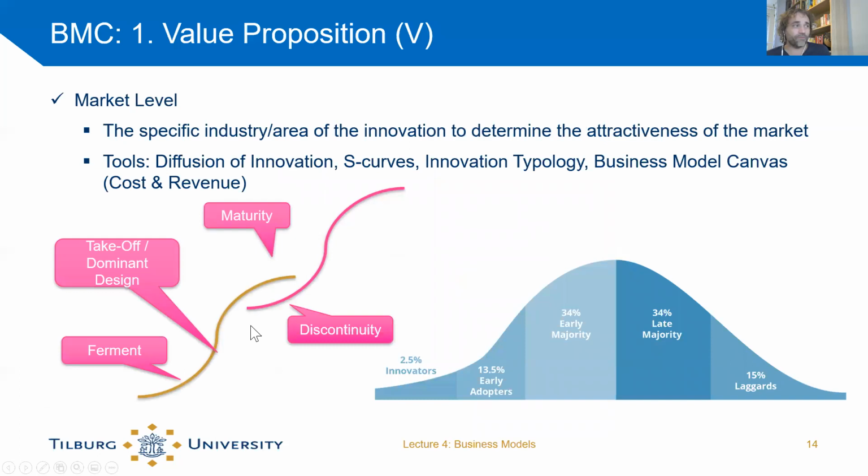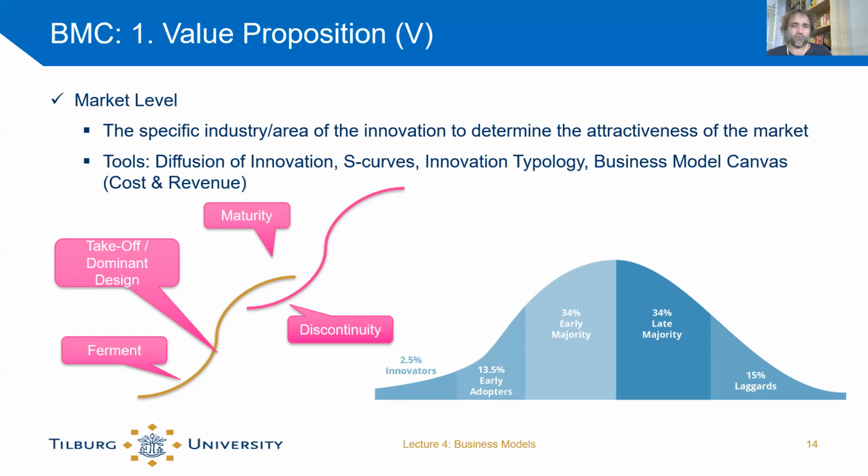At the market level, your value proposition should kind of determine who your customers will be. So who will be the early adopters, who will be the laggards, etc. And your value proposition should determine or explain where the innovation is located.